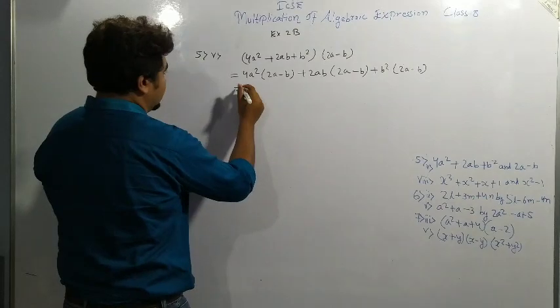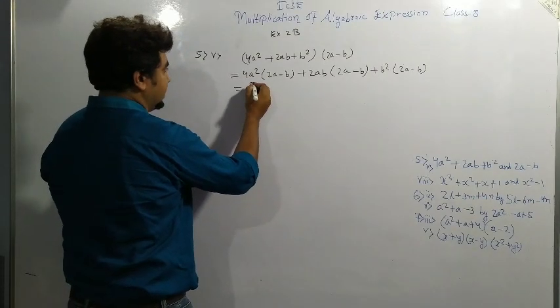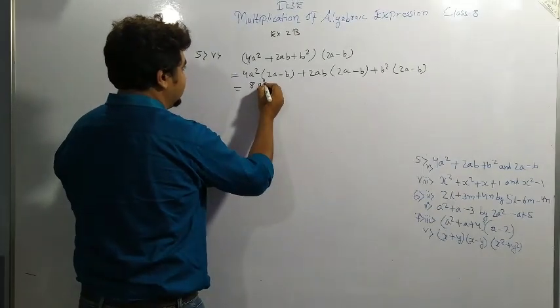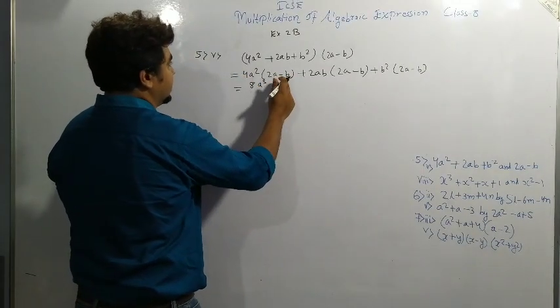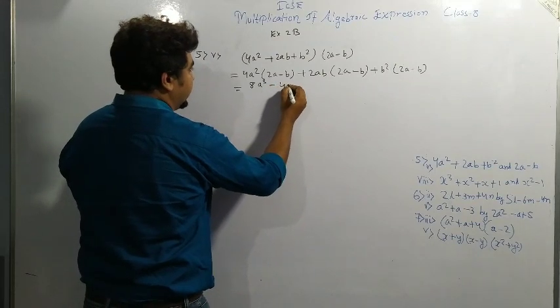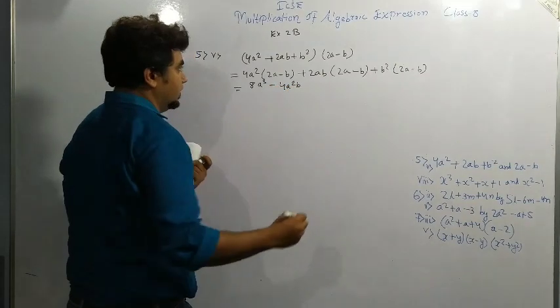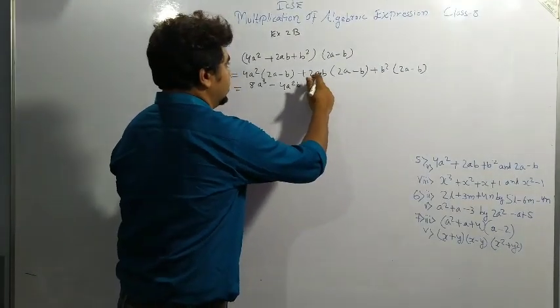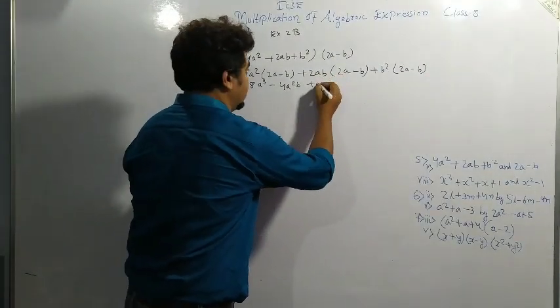So 4 into 2 is 8. A square plus 2 plus 1 is 3. So 8a cube. 4a square into minus b is minus 4a square b. Now again 2 into 2 is 4.